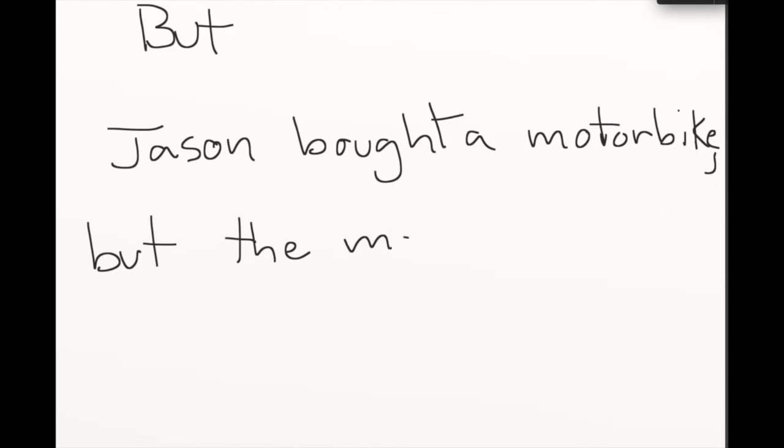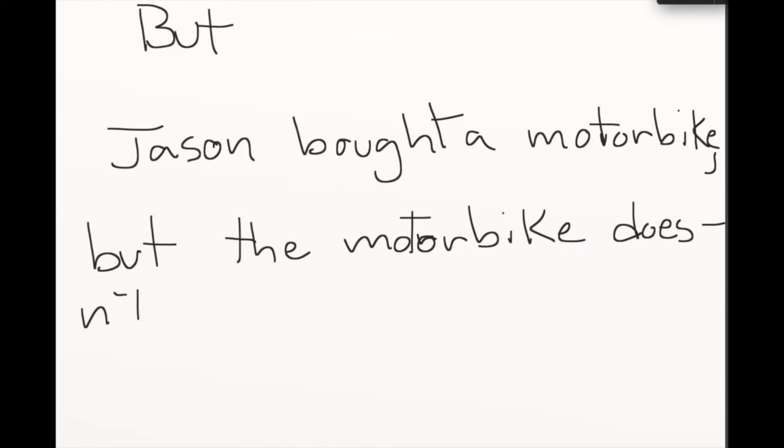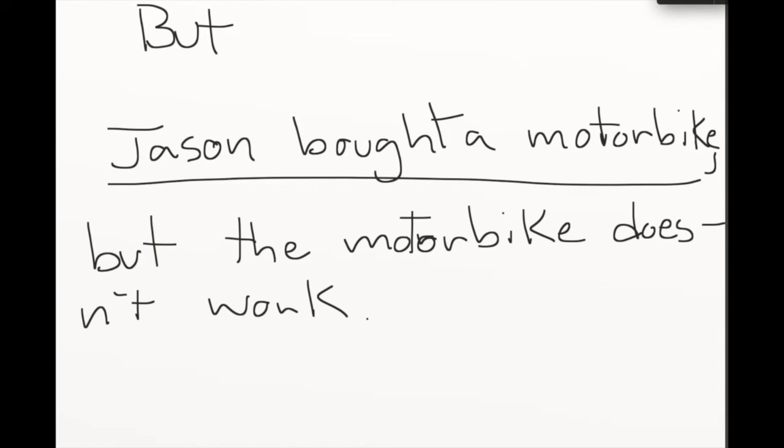Jason bought a motorbike, but the motorbike... And I couldn't fit that in there, so doesn't work. Okay, so do we see the catch, the problem here? You didn't say Jason bought a motorbike and he rides it a lot.